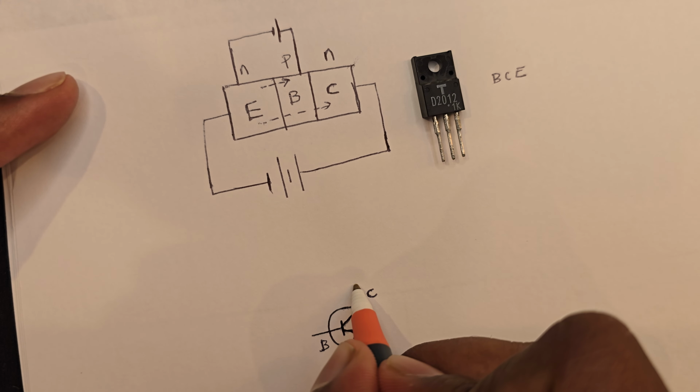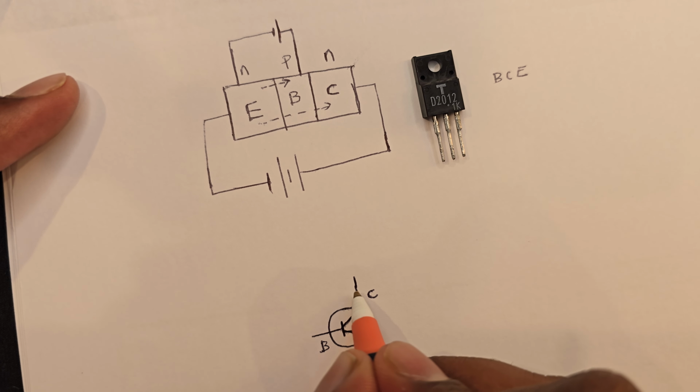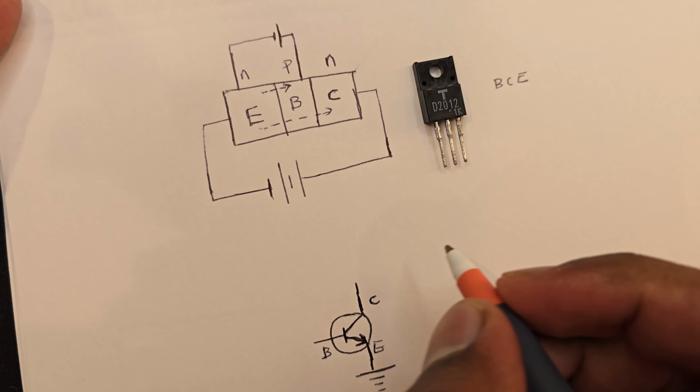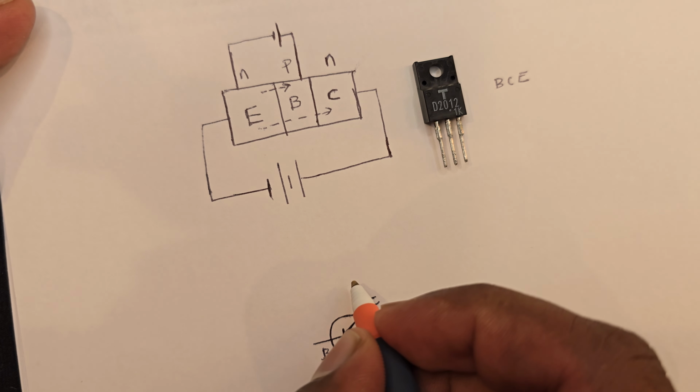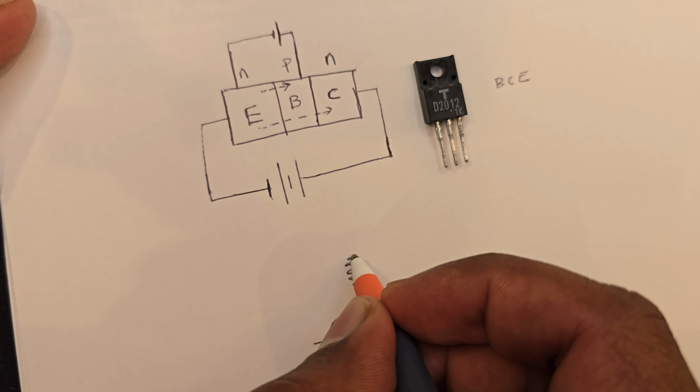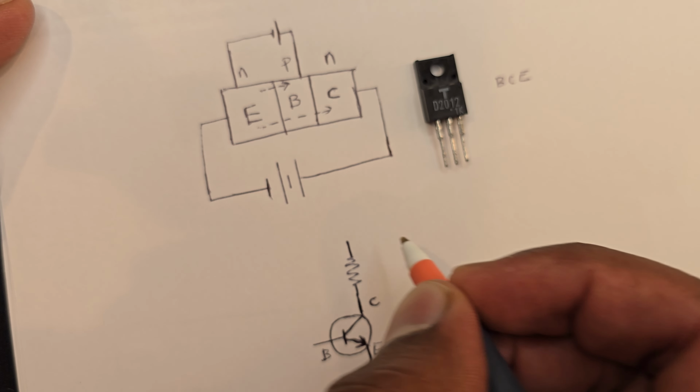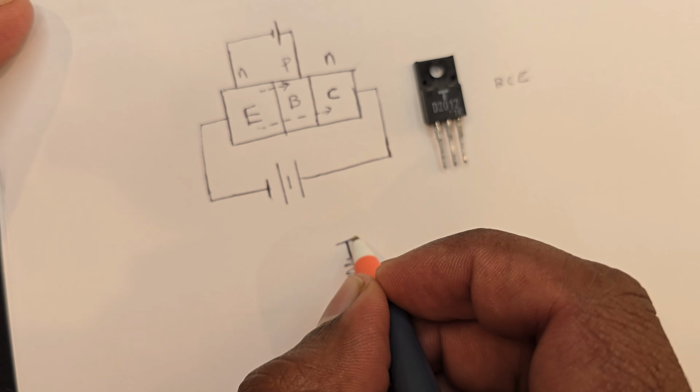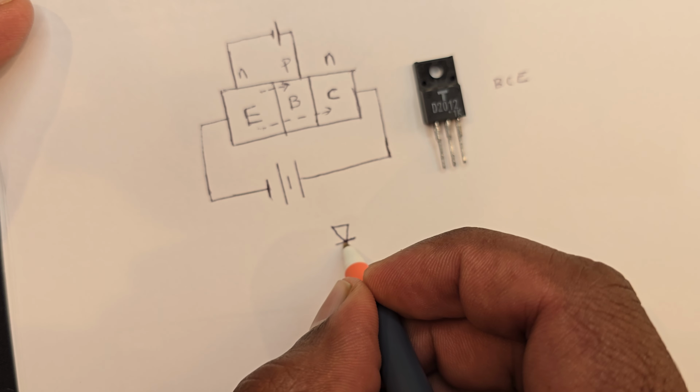We are connecting a load in our collector. Let's connect a resistor and an LED. Okay, let's connect a resistor. Then I'm connecting an LED just like that.